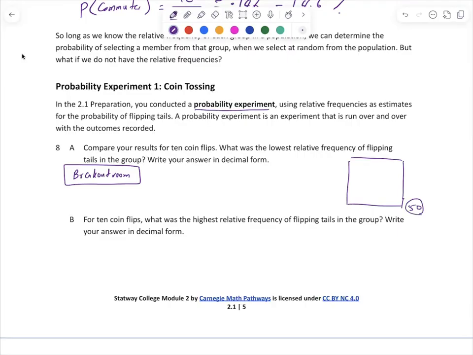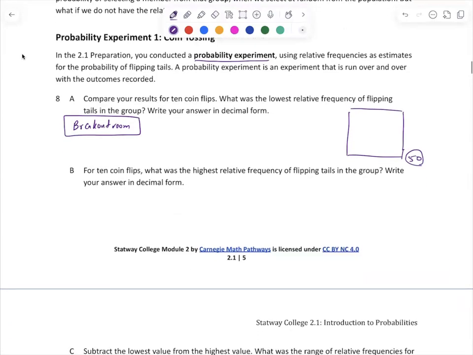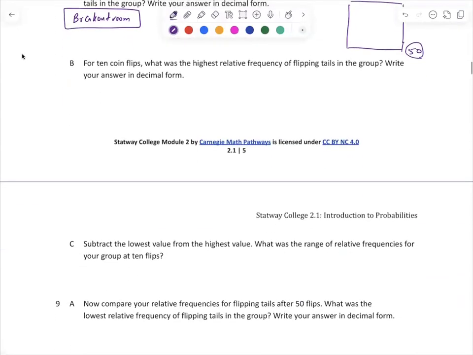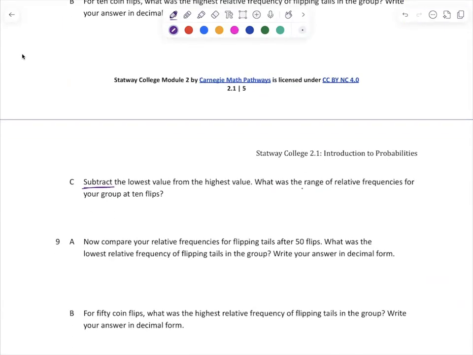For 10 coin flips, what was the highest relative frequency? So basically, you're going to find the lowest relative frequency and the highest relative frequency, and you're going to compare them by doing a subtraction. When you do the subtraction, you're going to see the range of relative frequency that you had in your 10 flips.